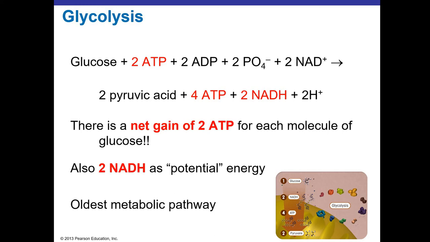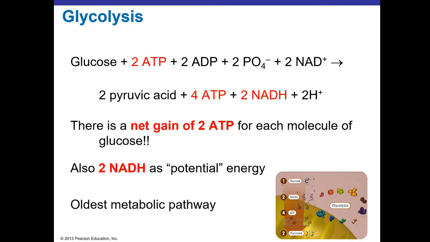Glycolysis is the oldest metabolic pathway. Glycolysis was the original pathway that allowed cells, ancient cells, to start utilizing carbohydrates. If something is only growing by glycolysis, at maximum, it can only make 2 ATP. So those types of cells are going to grow very slowly.